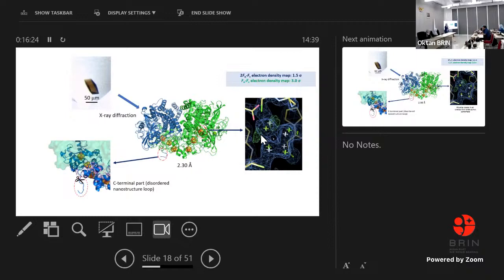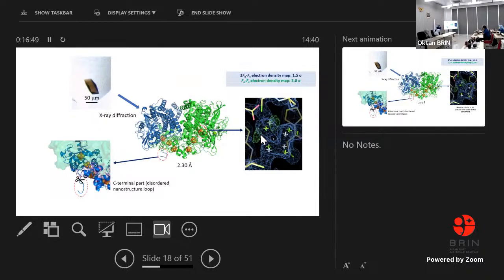This makes us wonder what they are. Since we have 2.3 Angstrom resolution for the first structure, it is really interesting to solve what these two peaks are.